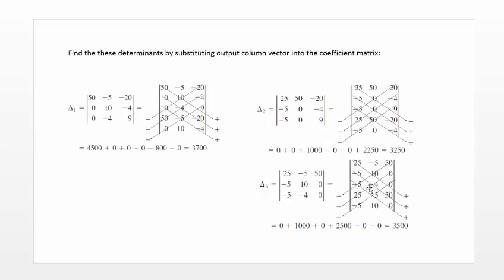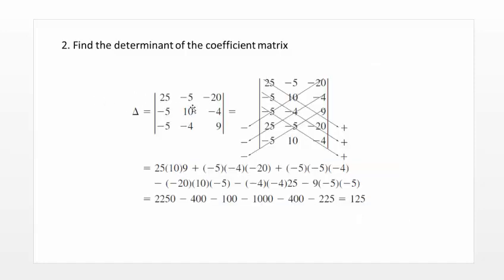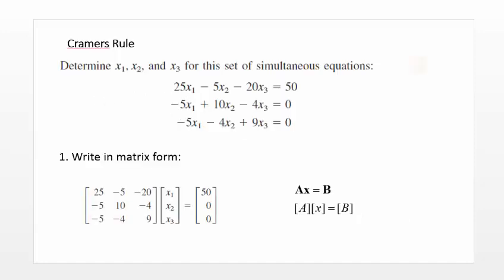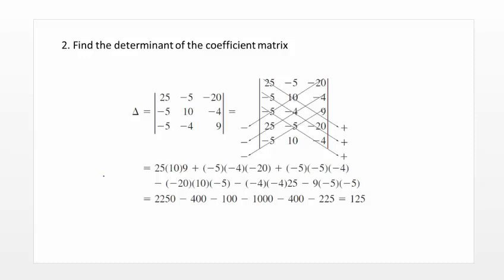Then you find these other determinants so that you can find the final answer. So determinant 1 means you take, this is for the first unknown, you take this output column that's right here, and you substitute it into this column right here to find the first delta 1 determinant.